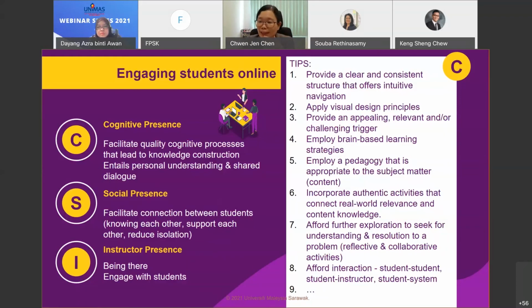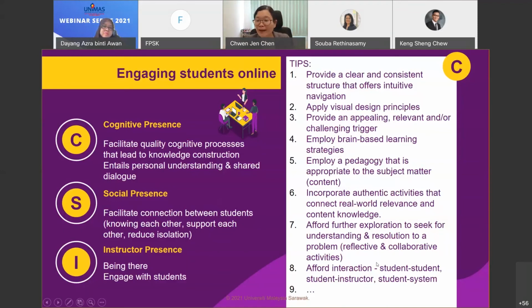Afford further exploration to seek understanding and resolution to a problem, which means that you have to try to provide some kind of opportunities for them to collaborate, for them to do reflections and things like that. All right, that will actually help them to cognitively engage and build their knowledge. Afford interaction.